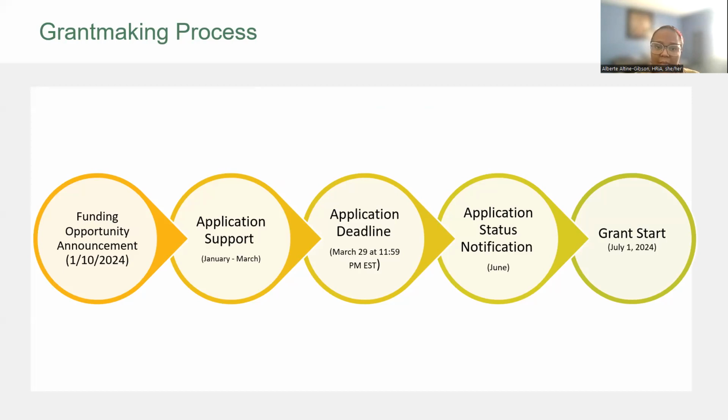So please be on the lookout for those office hours where you can come in and ask some additional questions and learn more around the funding opportunity. The application deadline is going to be March 29th, 11:59 p.m. Eastern Time. And the goal is to make announcements on who received the award in June. And the grant start date as of now is July 1st, 2024.